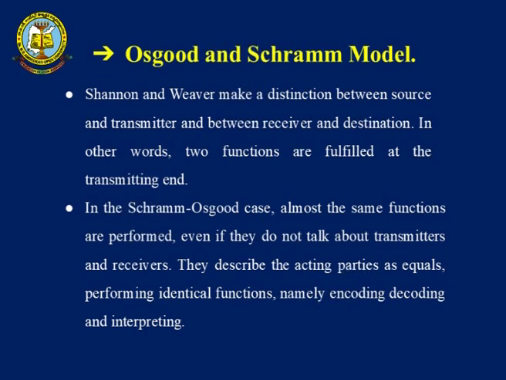In the Schramm-Osgood case, almost the same functions are performed, even if they do not talk about transmitters and receivers specifically, right? They describe the acting parties as equals performing identical functions, namely encoding, decoding and interpreting.